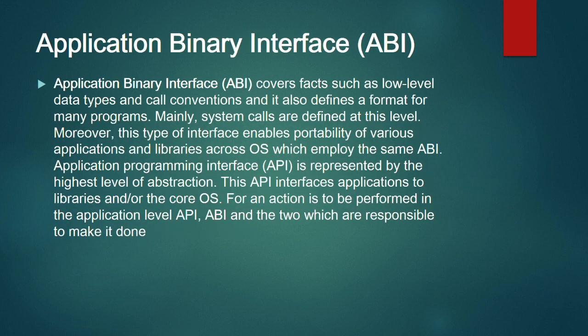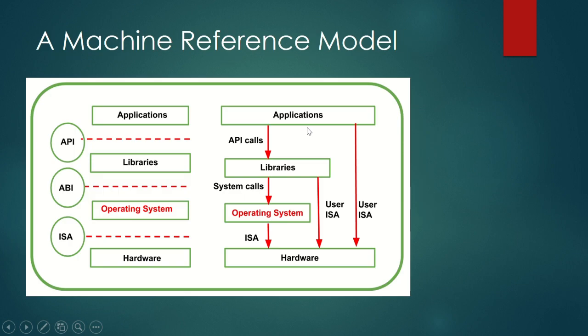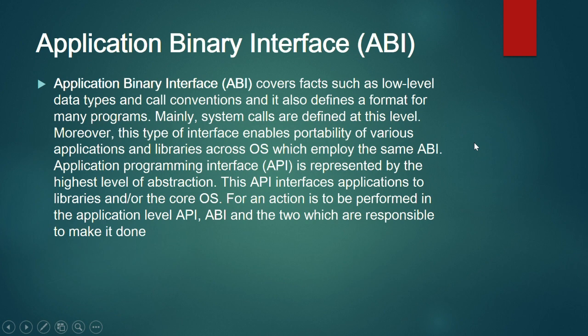The second one is the ABI, the application binary interface. You can see the ABI lies between the libraries and the operating system. The ABI covers facts such as low level data types and calling conventions, and it also defines a format for executable programs. Mainly system calls are defined at this level.